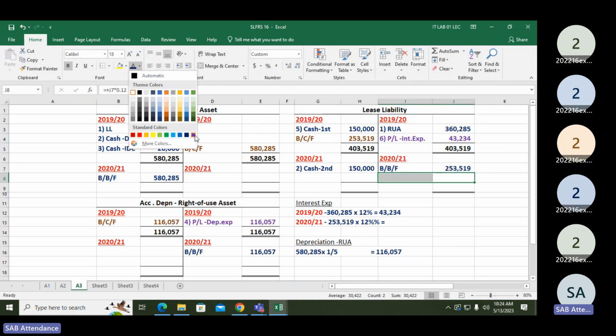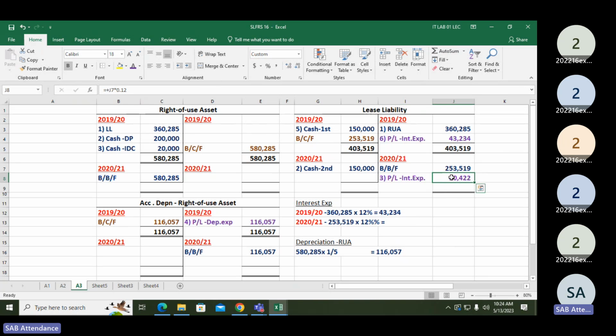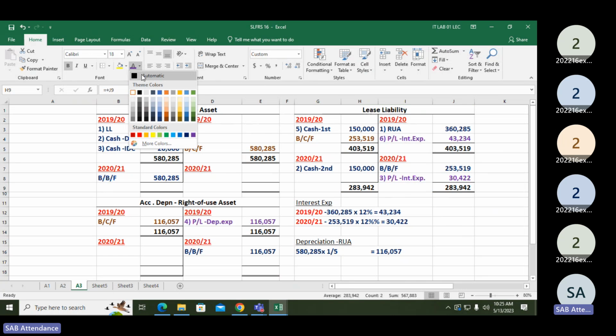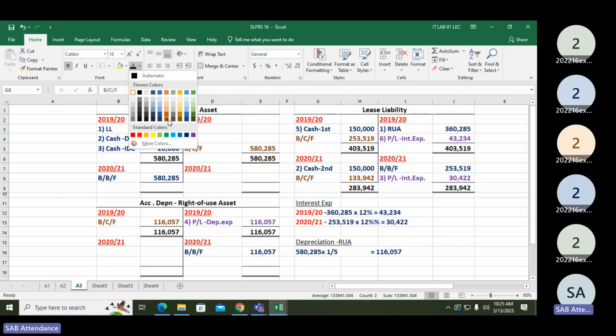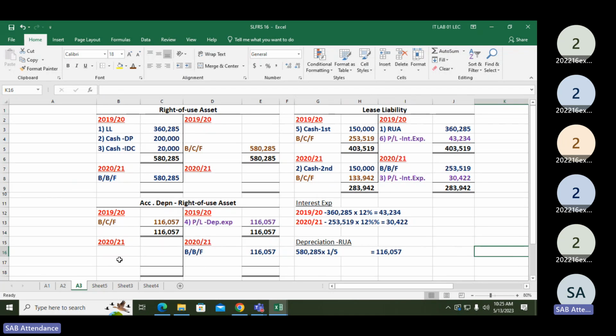That is what we should charge to PNL. 253,000 at 12% is 30,022. So at the end of the second year, we have the carried forward balance 133.